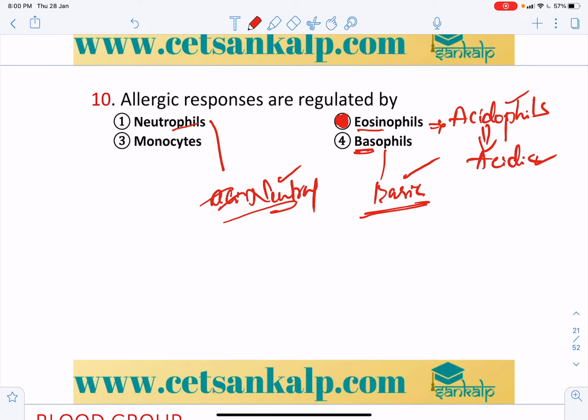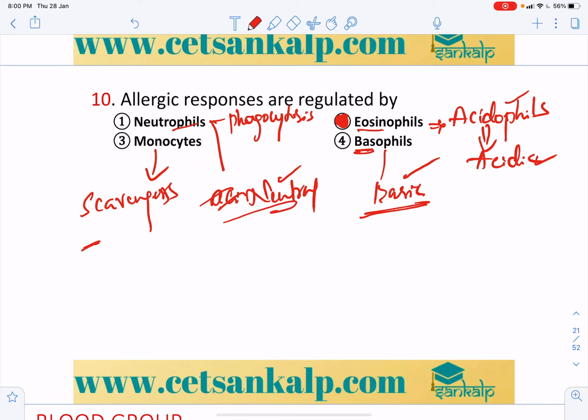And neutrophils, keep it in mind, do phagocytosis. And monocytes, we discussed, act as scavengers in the body. They are also phagocytic, but we say scavengers because they not only engulf the microbes but also cellular debris.